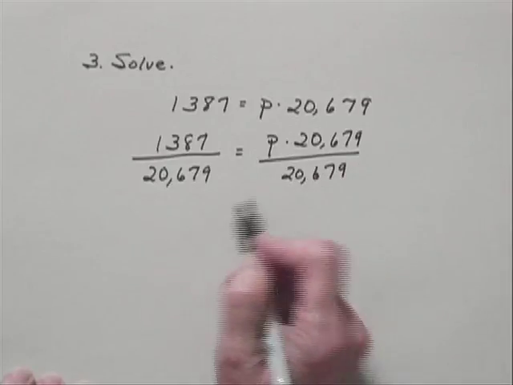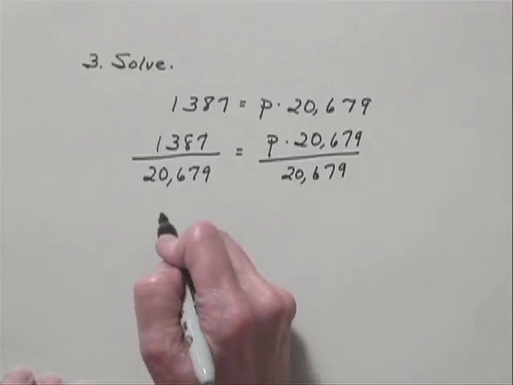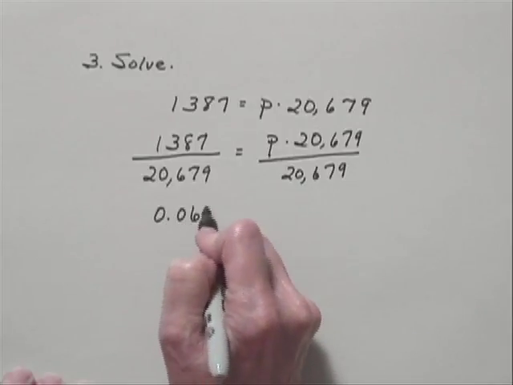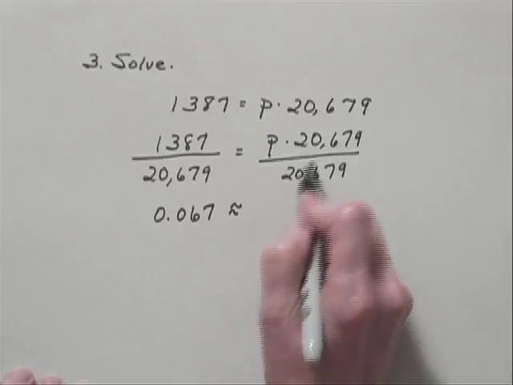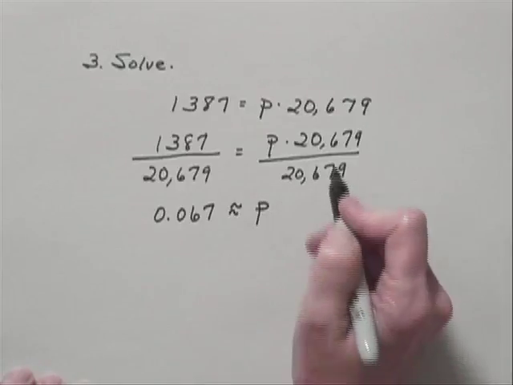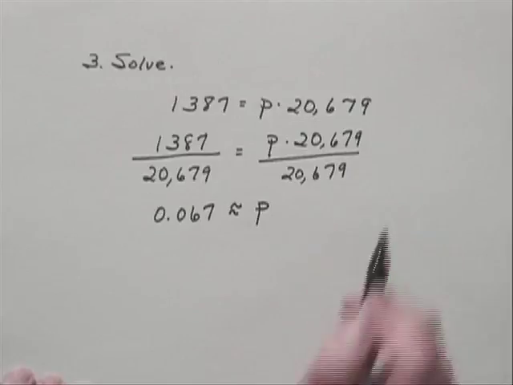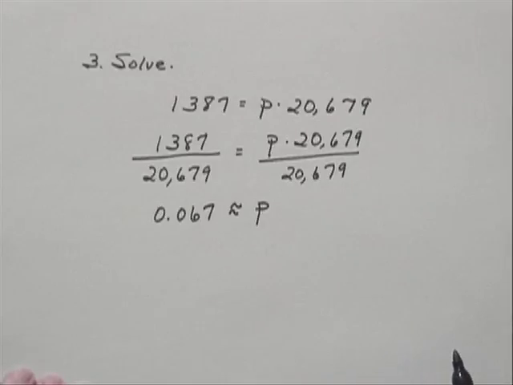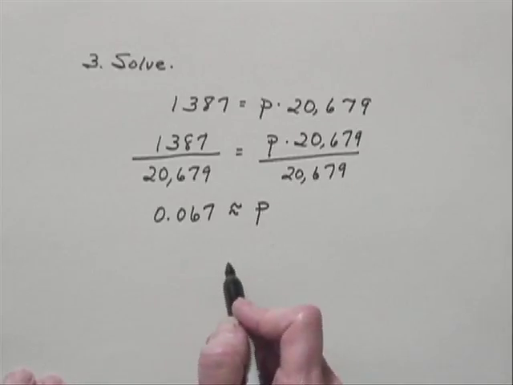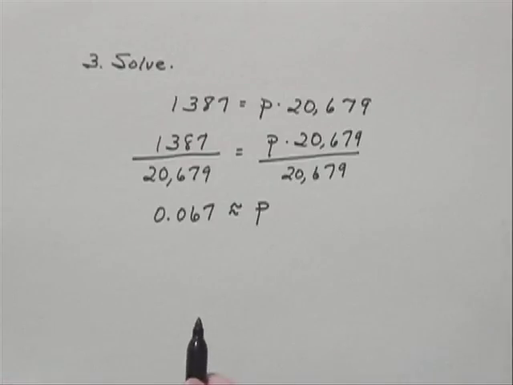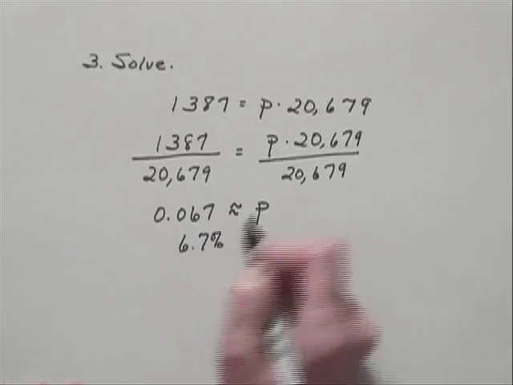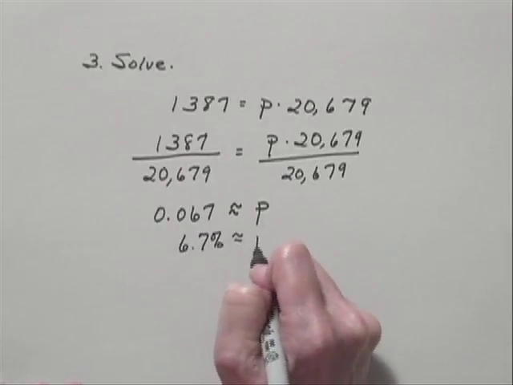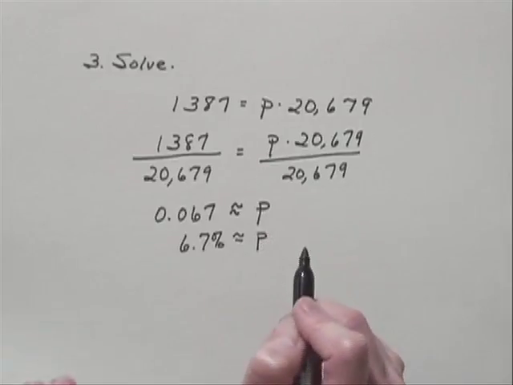On the left-hand side, if I round to 3 decimal places, I get 0.067, and this is rounded, so I'm going to write approximately equal to, and on the right-hand side I just have P because 20,679 over 20,679 is equal to 1. Now, we're looking for a percent, so we'll change this decimal notation to percent notation. And when we do that, we get that 6.7% is approximately equal to P.